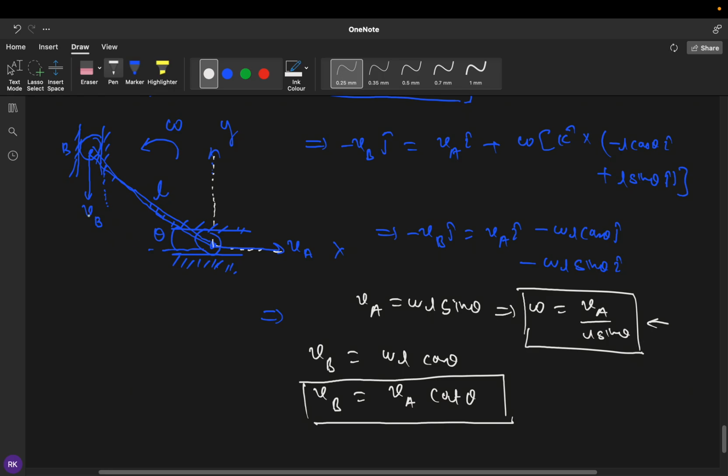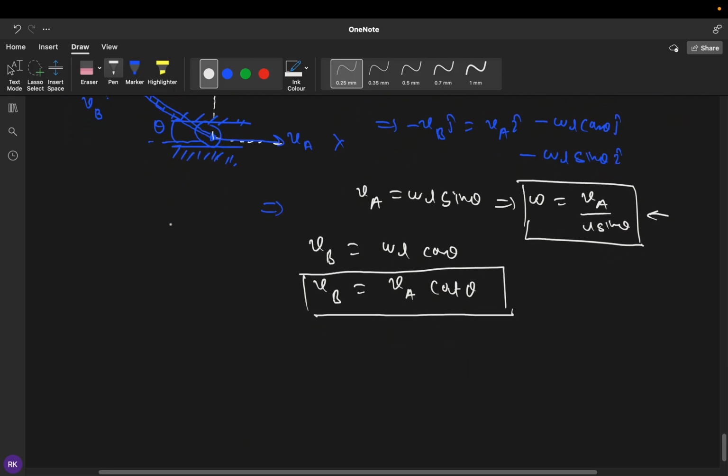And there is a relation between the velocity of roller B and the velocity of roller A at this instant when the angle is this theta. So this is the thing.